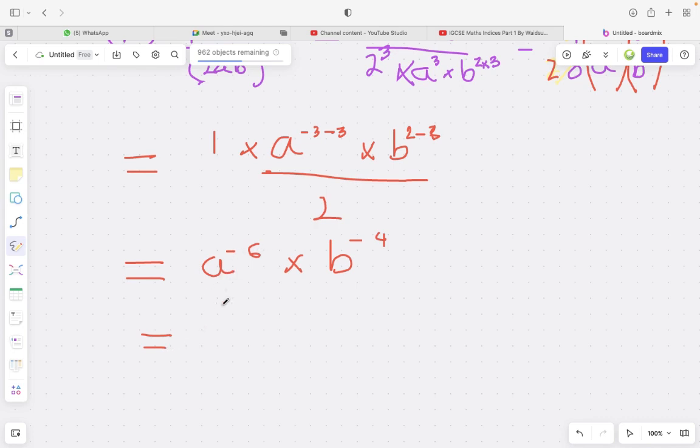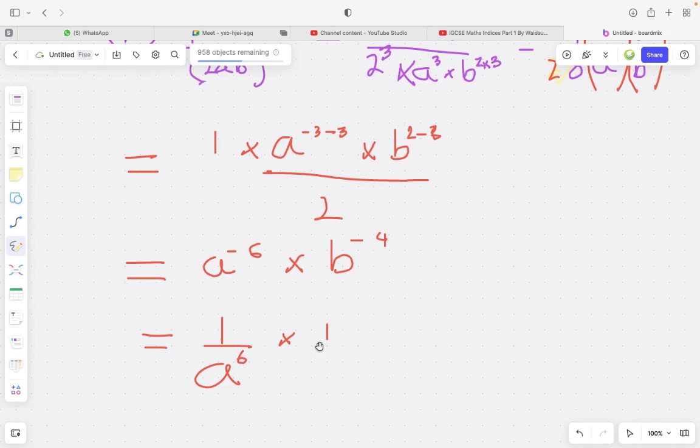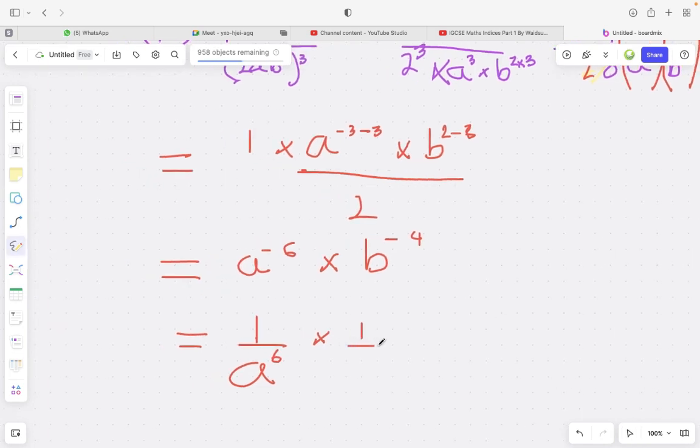Well, this one means what? 1 all over a to the power of 6. And this one means what? 1 over b to the power of 4.